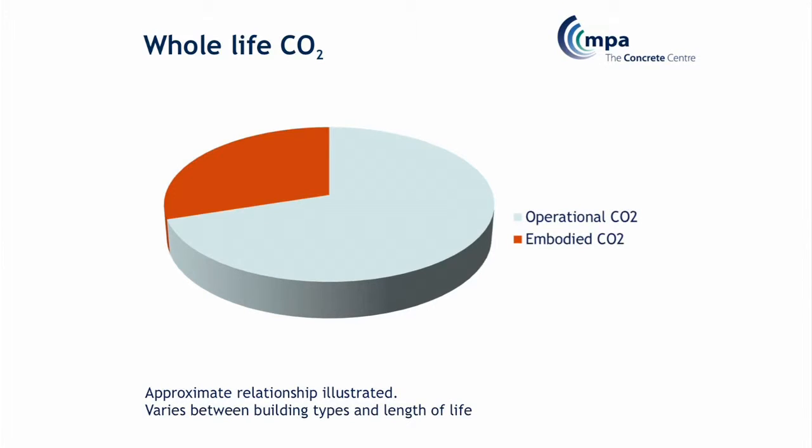Embodied CO2 and operational CO2 need to be looked at together to form the whole life analysis of a building. At the moment, operational CO2 is still by far the largest aspect. It's the largest slice of the pie. And concrete is very useful in reducing that. There's a lot in terms of producing energy efficient design strategies.